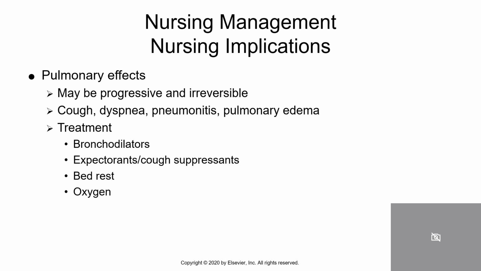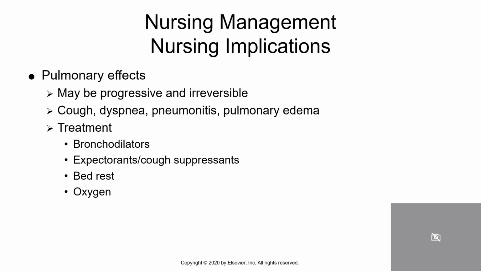In regards to the pulmonary system, both chemotherapy and radiation have the potential to produce damage to the pulmonary tissue that is irreversible and can be progressive. Distinguishing whether it's a complication from treatment versus whether it's related to the actual disease can be difficult.